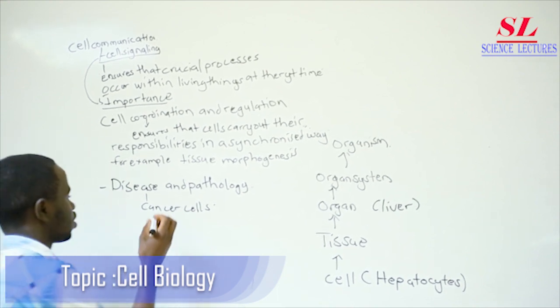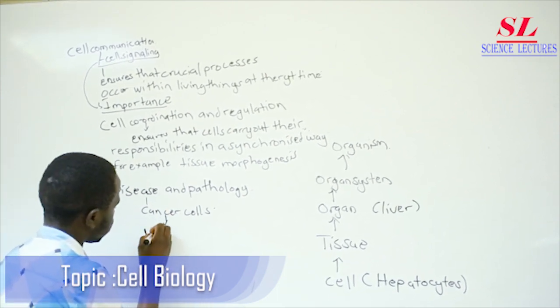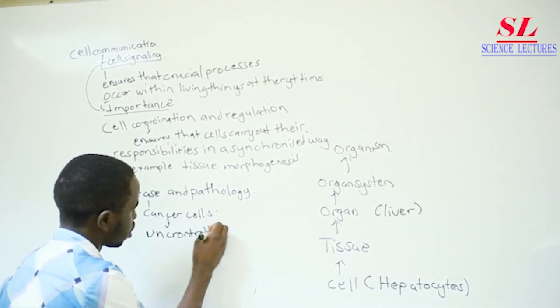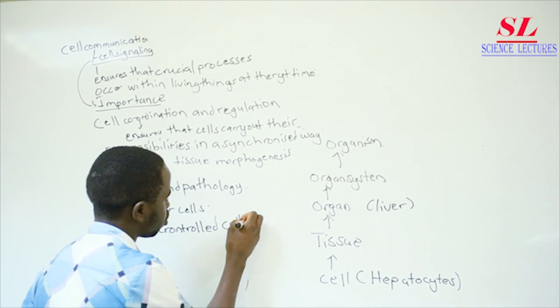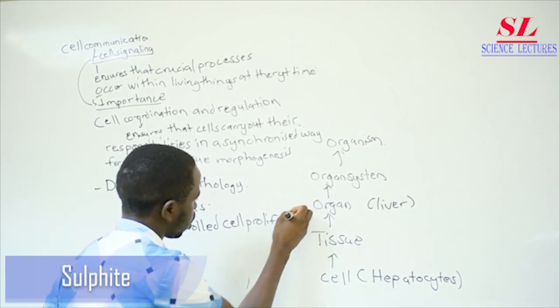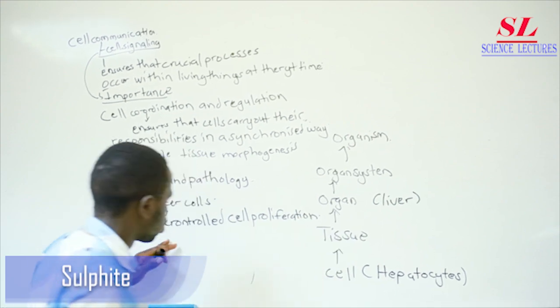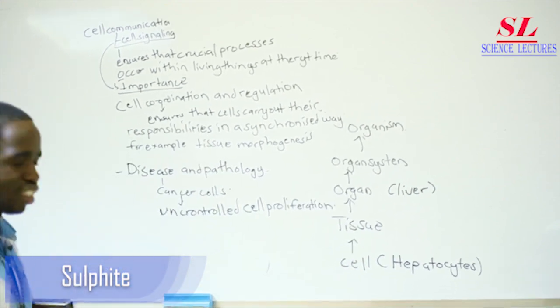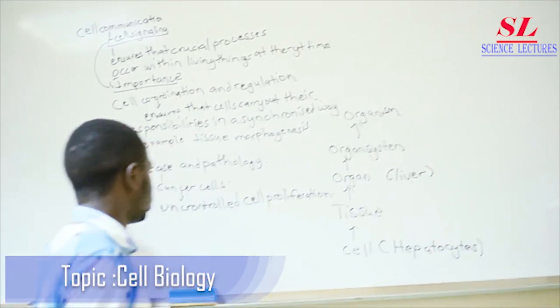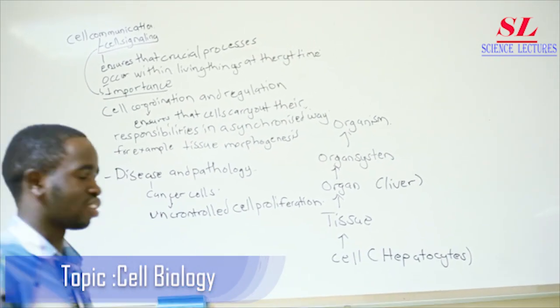And you know that cancer cells are just what they call uncontrolled cell proliferation. That means the cells are dividing in an uncoordinated manner, which may arise as a defect in cell signaling.